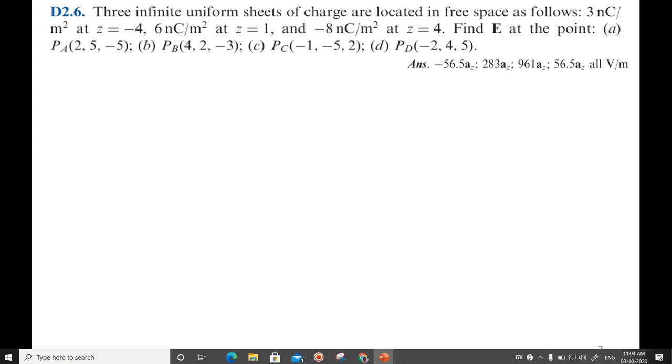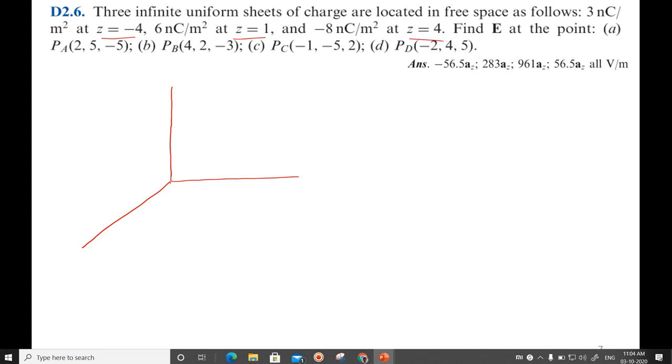Before this, the diagram is very important. Once you draw the correct diagram, 50% of the problem is solved. So we'll draw it. You can observe z equal to minus 4, z equal to 1 and z equal to 4.